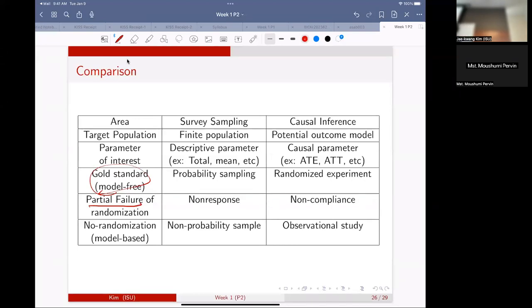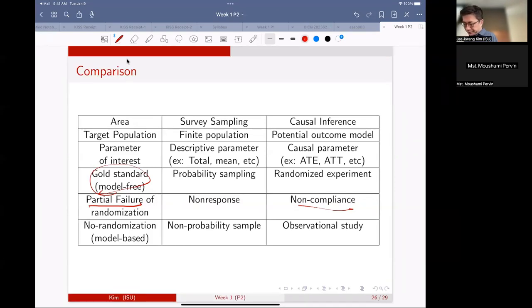Suppose you have some kind of experiment, and in the beginning of the year you are very eager to exercise, and you assign physical training, 30 minutes every day. But then as time goes by, they may not follow the guideline, right? So that is a typical non-compliance. So partial failure.